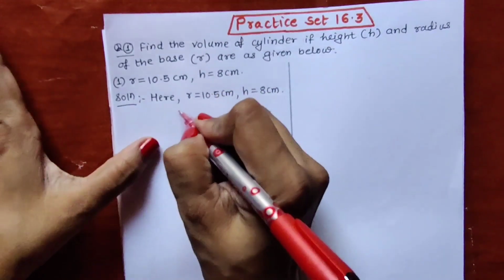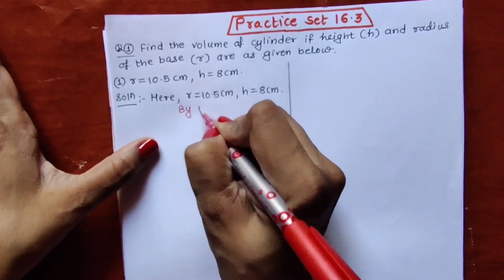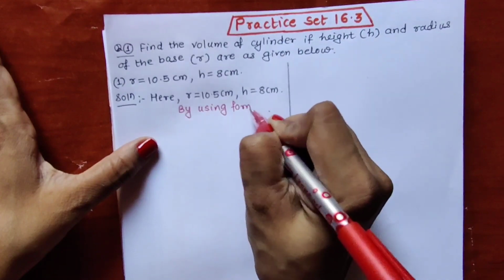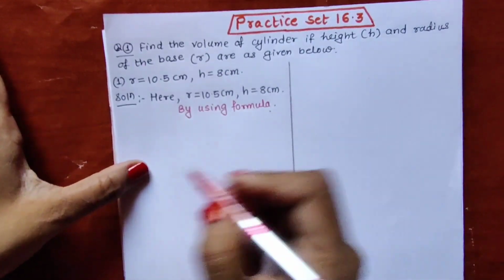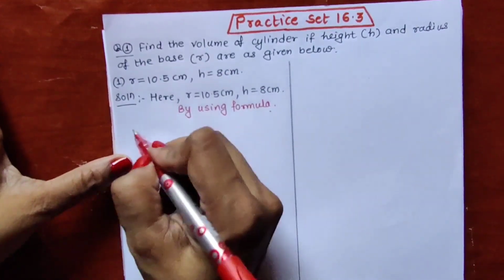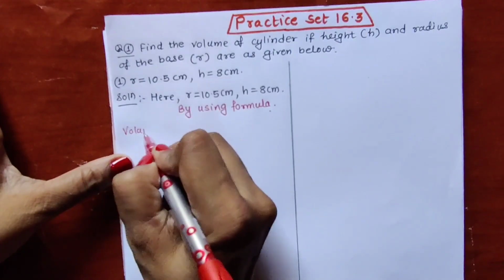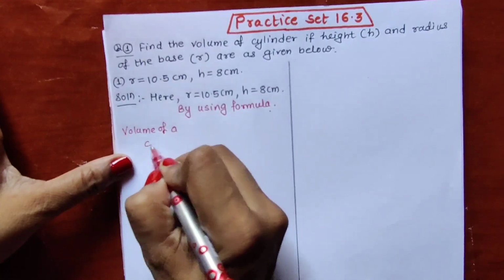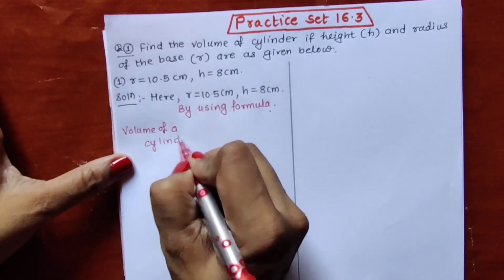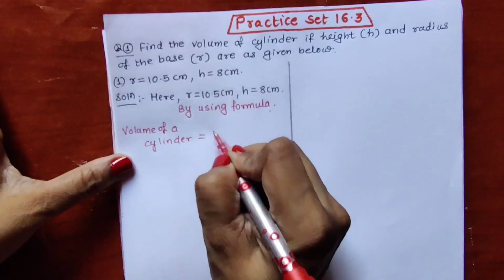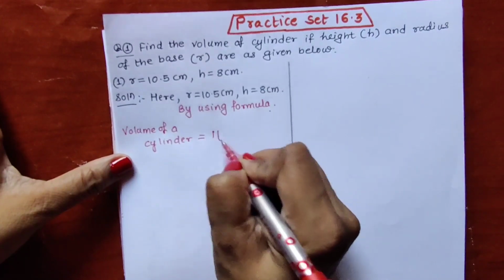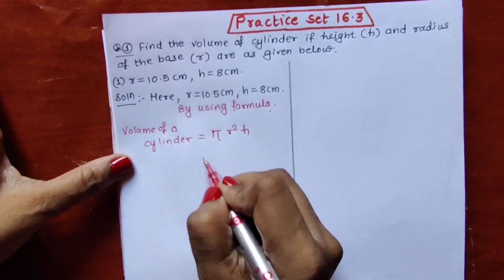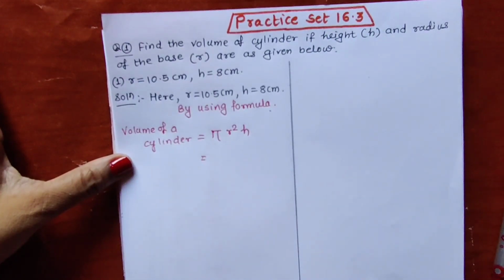Therefore by using formula we should write here: volume of a cylinder is equal to pi r square h.